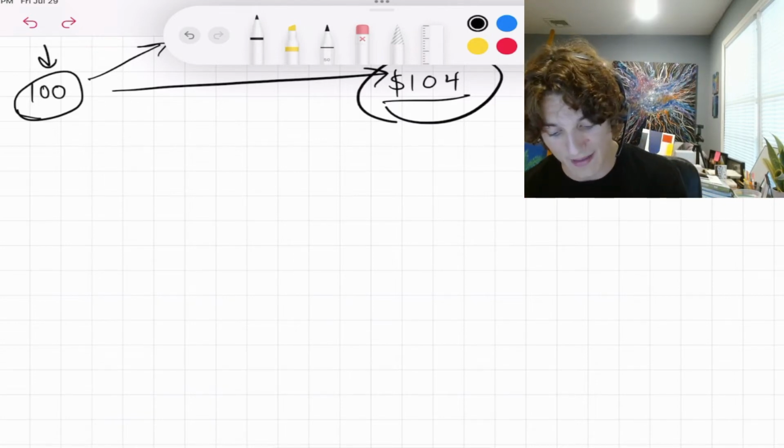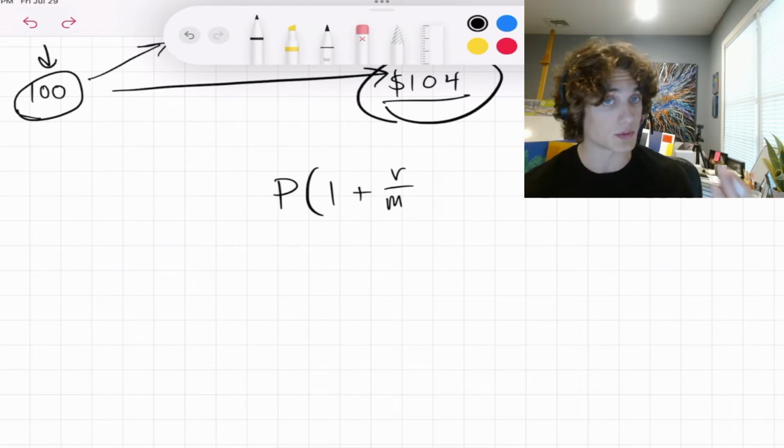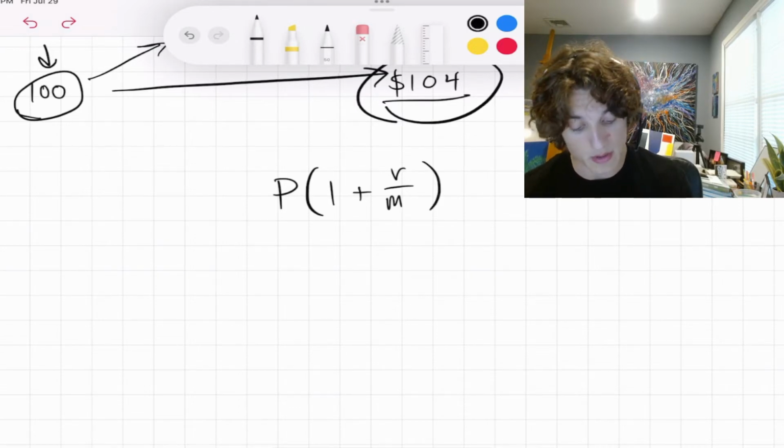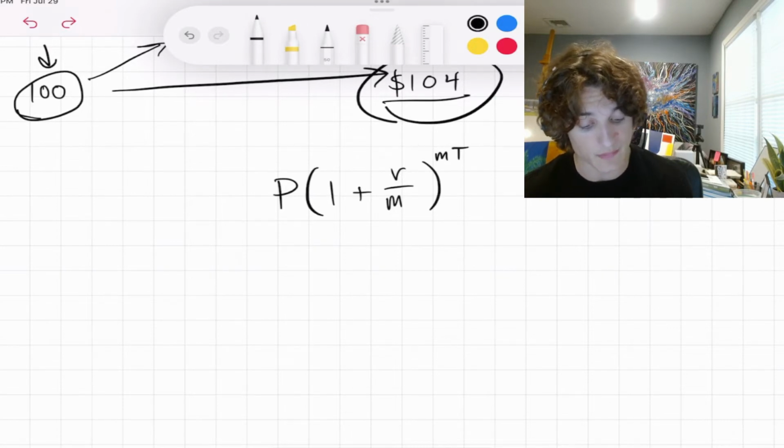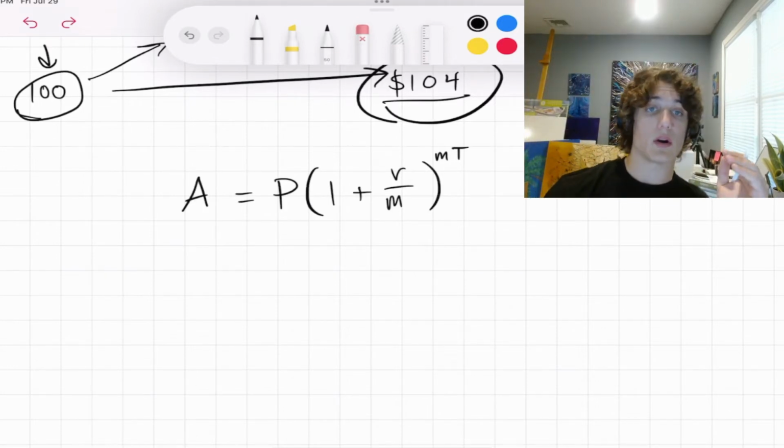So if we have a principal amount, P, and we multiply it by 1 plus the rate of interest divided by the compound frequency, which we'll talk about in a second, and we raise this to the compound frequency times the total number of time periods, this will be equal to the realized value of our investment.